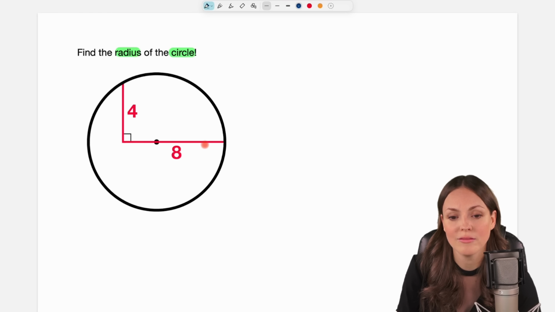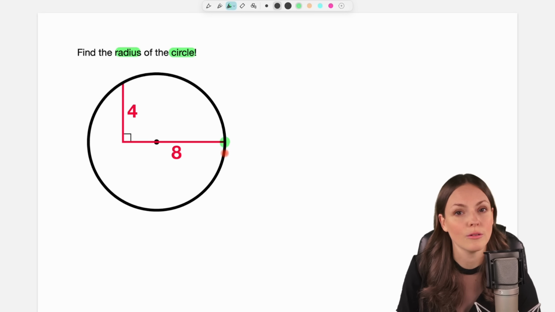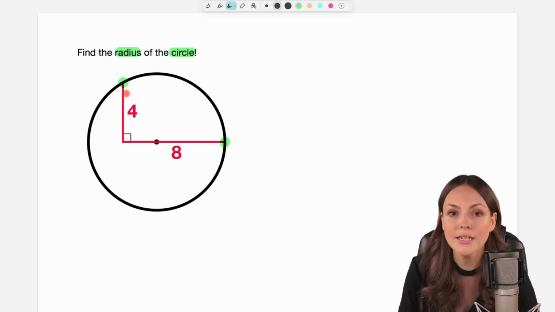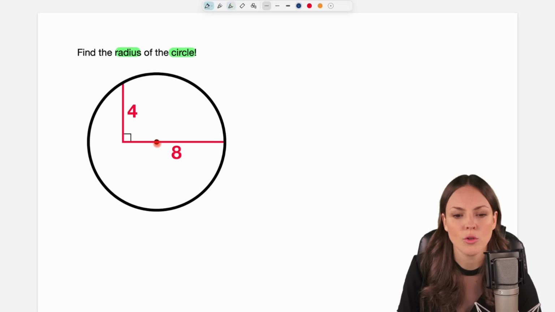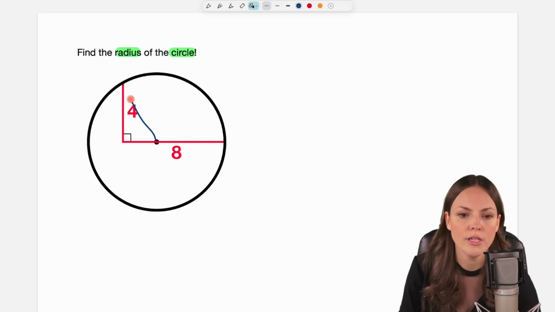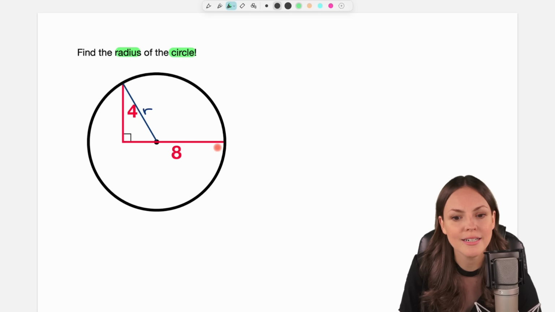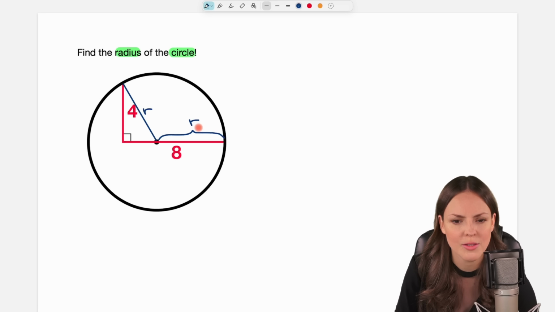And here we have a line that intersects my circle here, and here we have a line that intersects my circle here. So I'm going to use these points here. So from the center to this point here, this is my radius, and from the center to this point here, also this here is my radius.